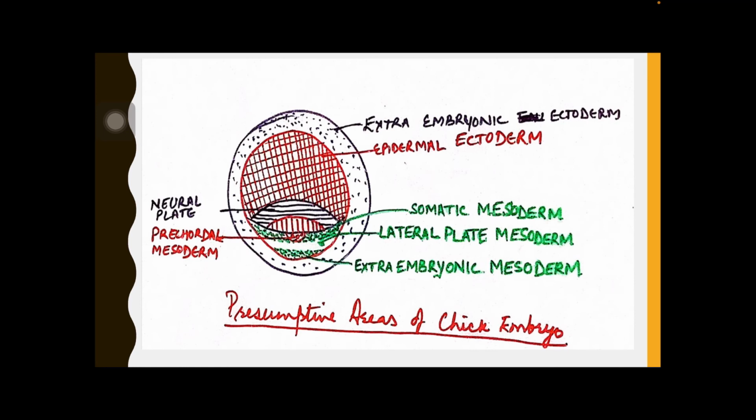So here you can see this is all represented by the area pellucida. ये surface mapping है discoblastula की. So the anterior 2/3 part of the area pellucida forms the prospective ectoderm, which consists of epidermal ectoderm and extraembryonic ectoderm, right?